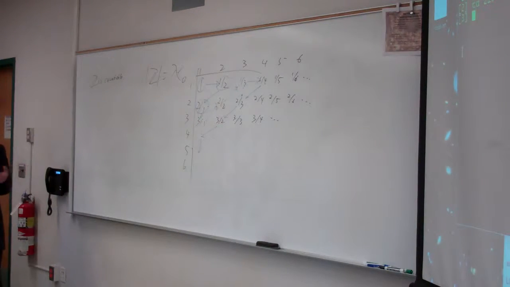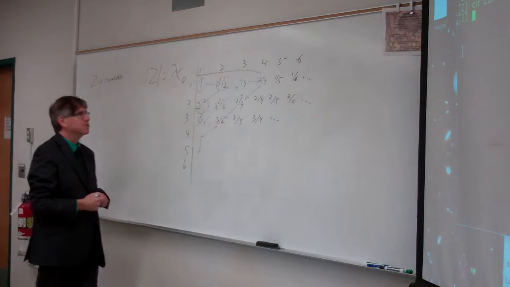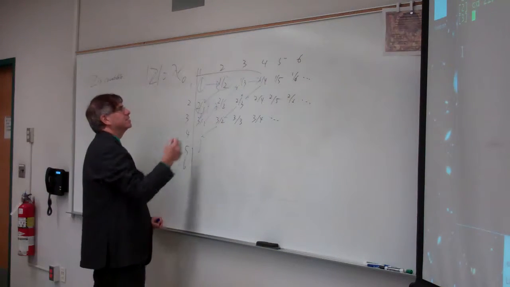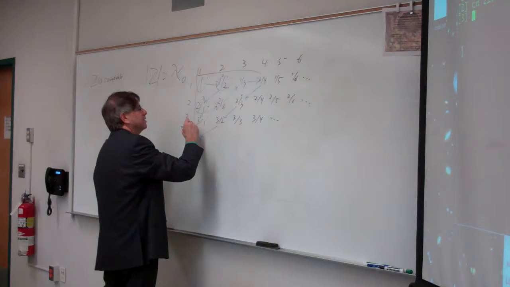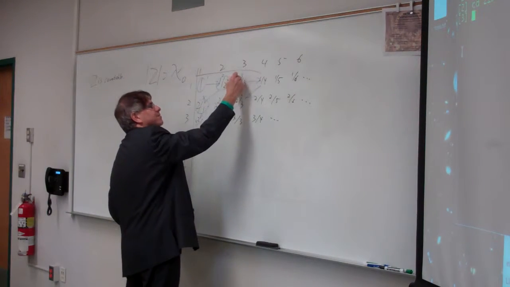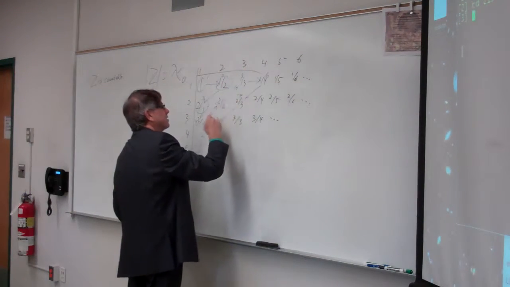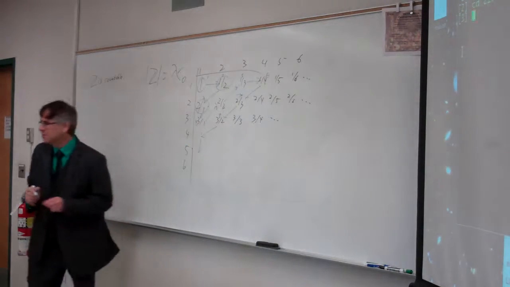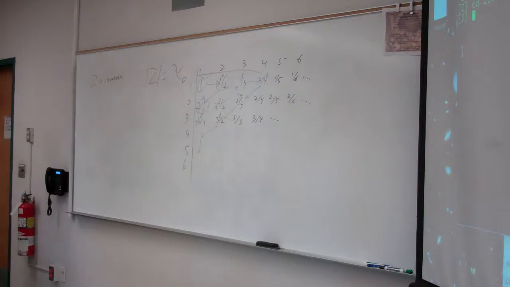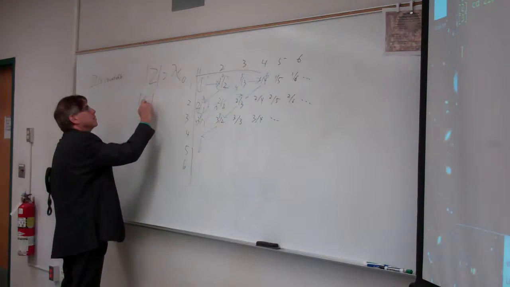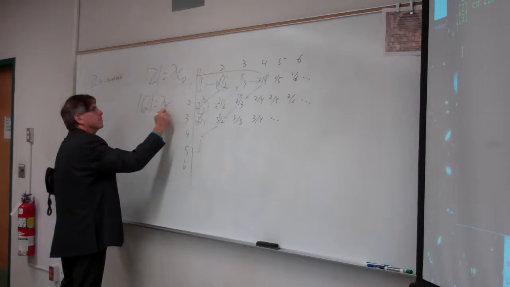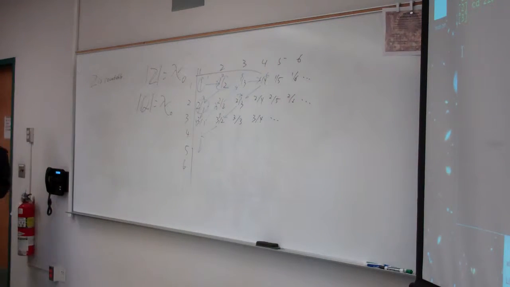And if we encounter a number that we've already encountered, we just ignore it. And so taking that into account, this is rational 1, 2, 3, 4, this we've already seen, 5, 6, 7, 8, and so on. And that gives us a one-to-one correspondence. So rationals are the same as integers.